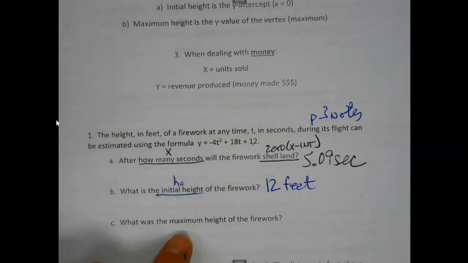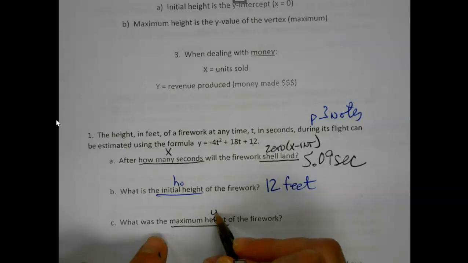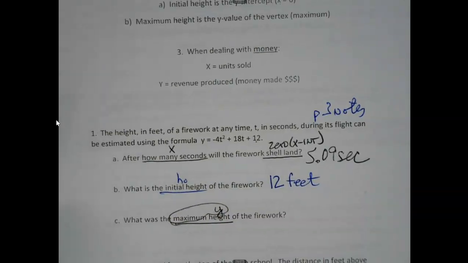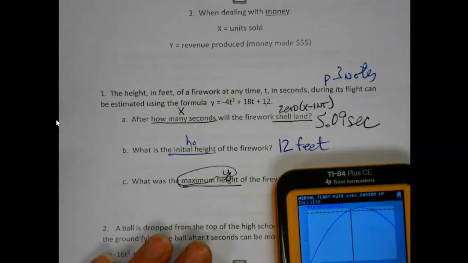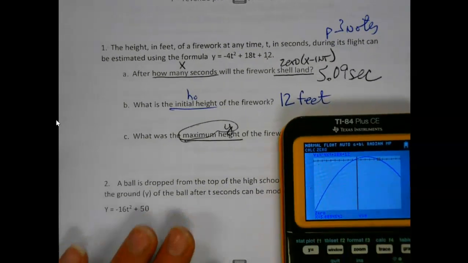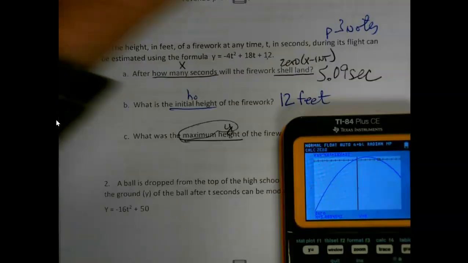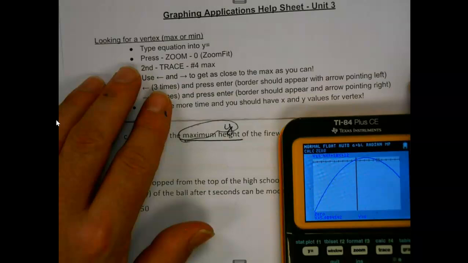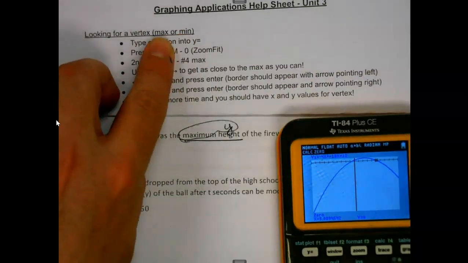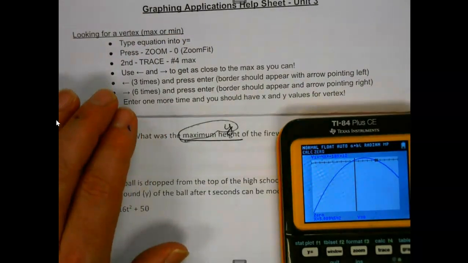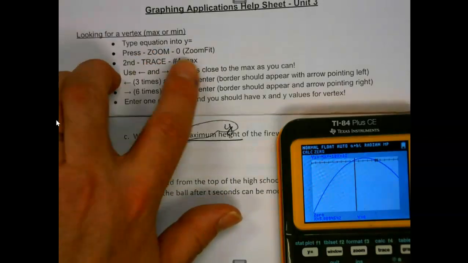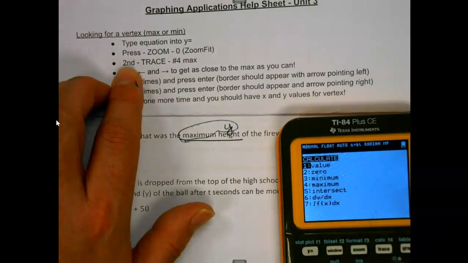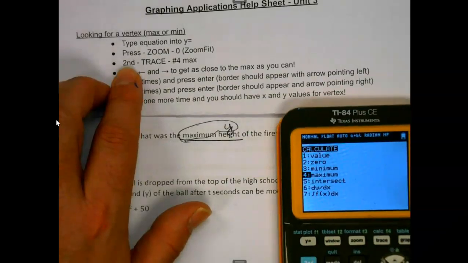What's the maximum height of the firework? Okay, let's bring this back in. We're still on the same picture, but I'm looking for something different. Now I'm looking for the maximum. So, well, how do I do that? Well, let's see. We already zoom fitted. We don't have to do that again. Second trace, number 4.